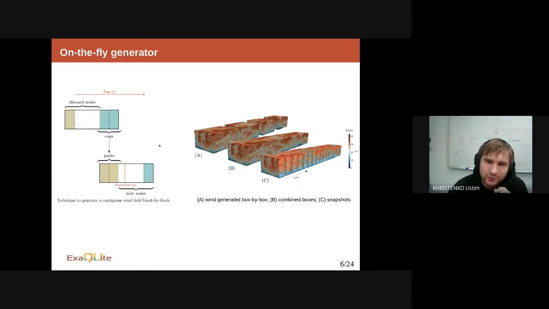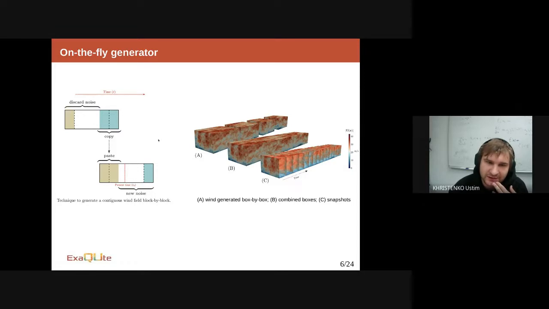But here we need that when we put the blocks together, they present a contiguous random field.